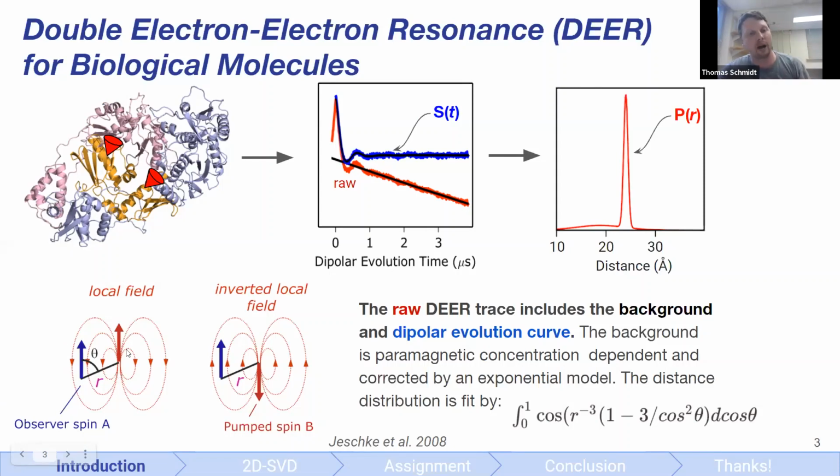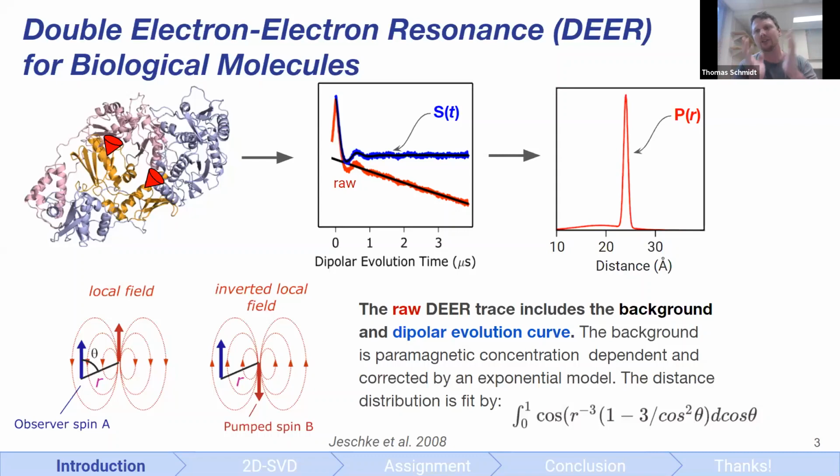We flip the other frequency, the pump spin, and based on the dipolar coupling between them, we can determine our distance distribution. So how does that look? We obtain our dipolar evolution trace, shown in red. We can do a background subtraction, and we obtain our final signal S of t, which we can use to identify our distance distribution P of r.